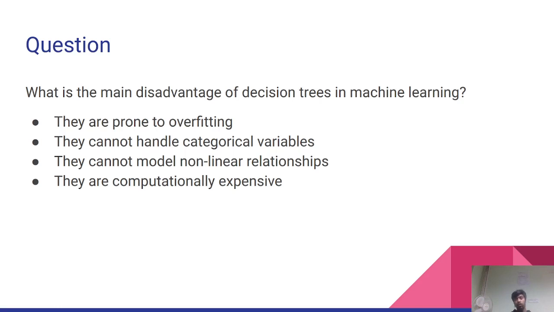But generally, it is not really the case. If you compare with a neural network, a neural network is even more computationally expensive. But generally in decision trees, yeah, it can become computationally expensive, but this is not really the main disadvantage.